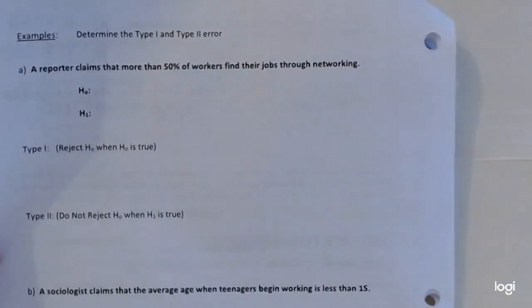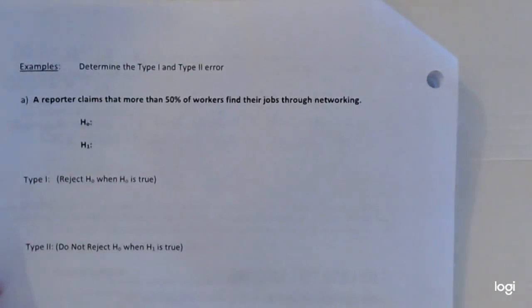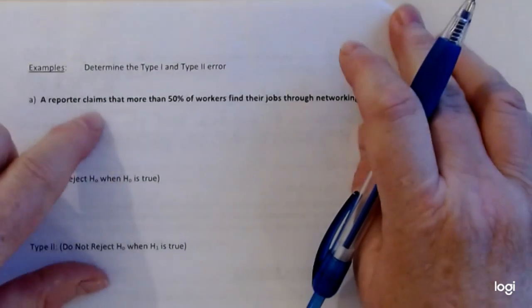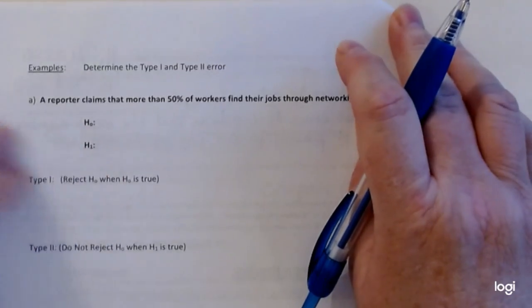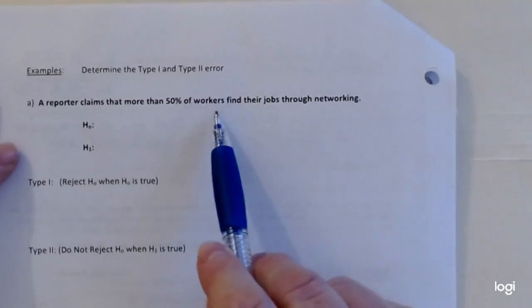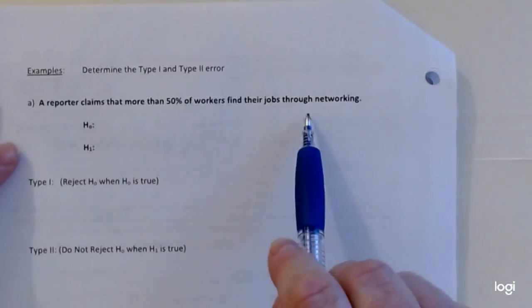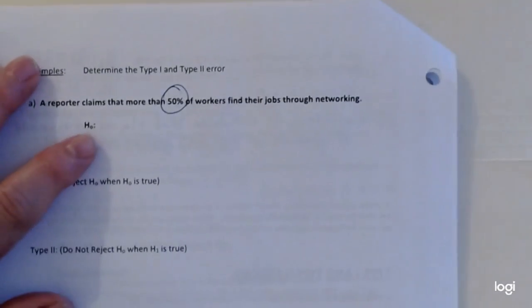All right, determine which of these would be a type 1 error and what would be a type 2 error in these tests. A reporter claims that more than 50% of workers find their jobs through networking. So this is a proportion because it gives us a percent.